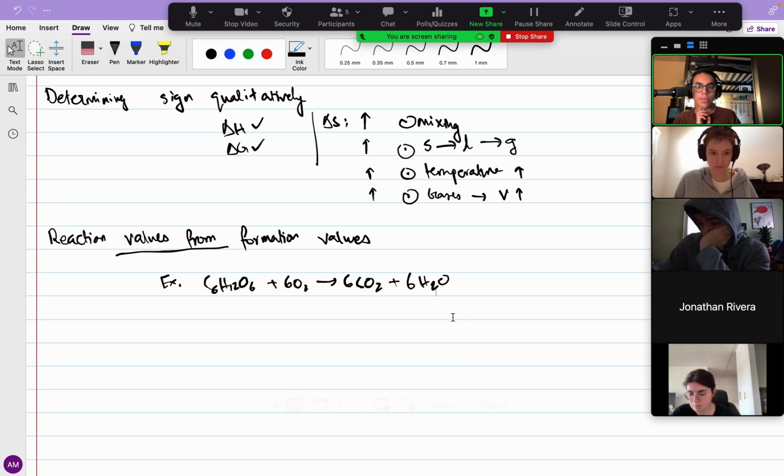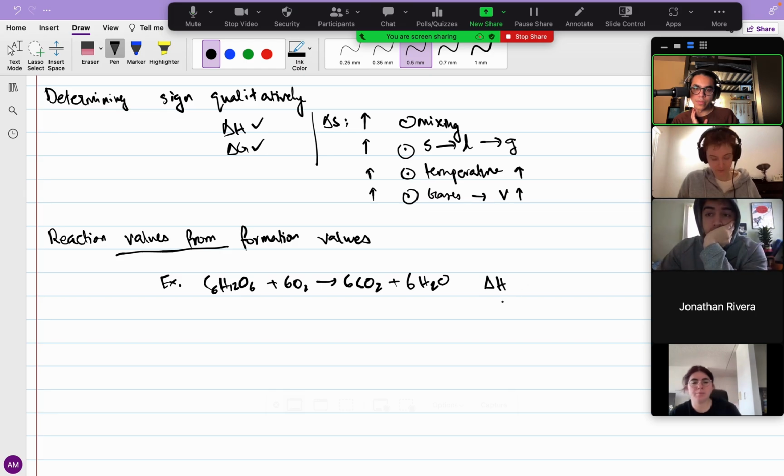Yeah, this is a good one. And oftentimes we'll be concerned with what is the delta H for the whole reaction. If the reaction takes place, how much heat is released or absorbed?